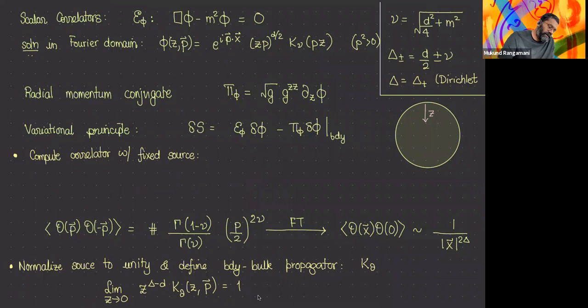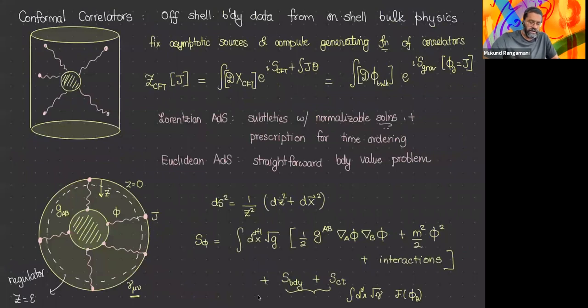So I'm just going to impose the Dirichlet boundary conditions for the boundary of AdS. Okay, so that fixes it, and in fact, I need no boundary term here because the Dirichlet boundary conditions are automatically satisfied by holding delta phi fixed on the boundary.